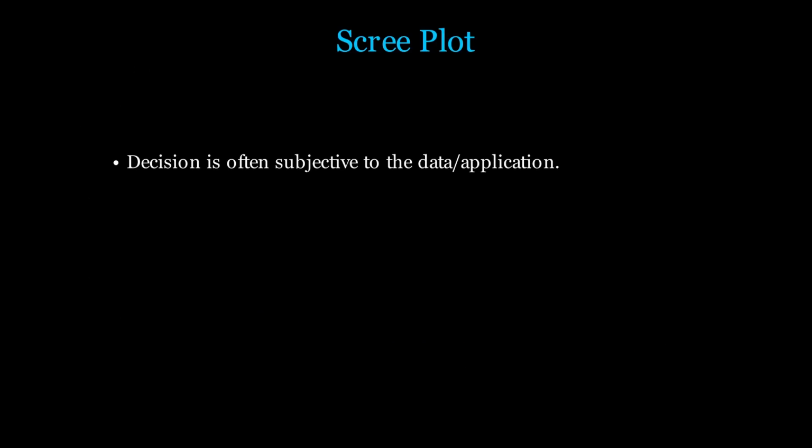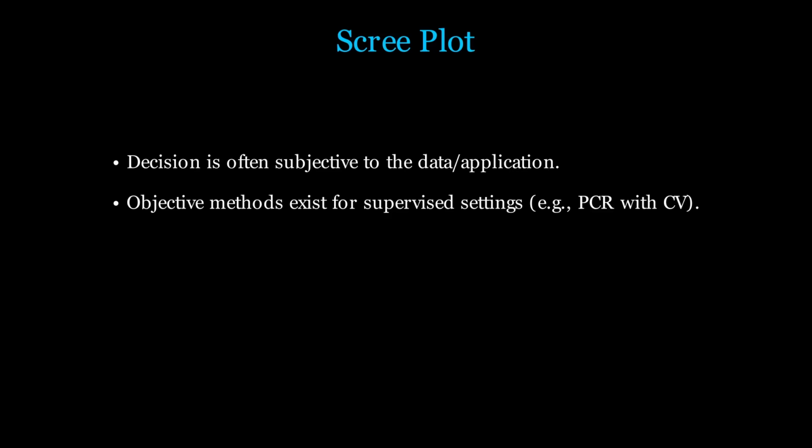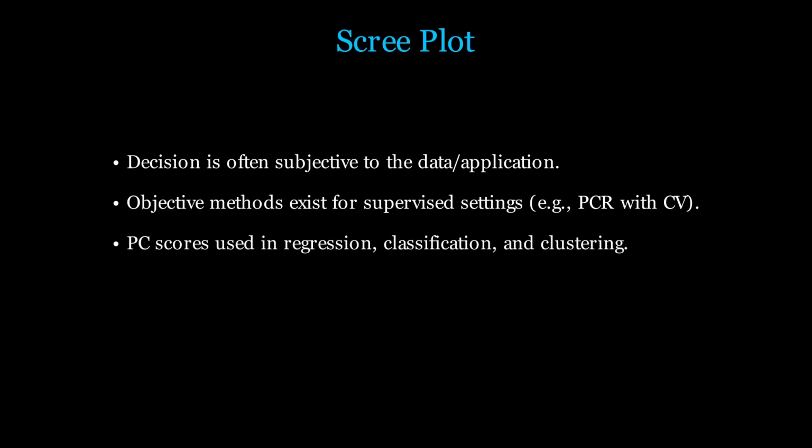Although the decision is often subjective, in supervised settings like principal components regression, we can use techniques like cross-validation to choose objectively. Ultimately, these principal component scores are used in many downstream tasks like regression or clustering, often leading to less noisy and more interpretable results.